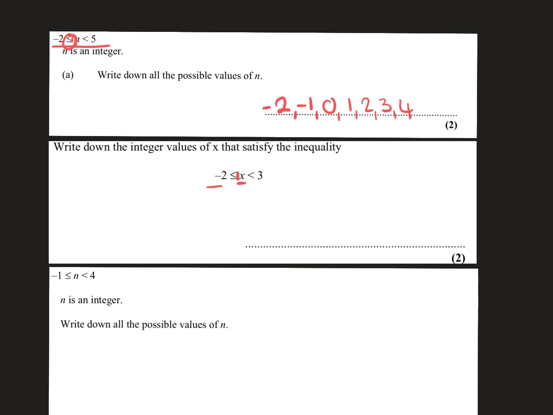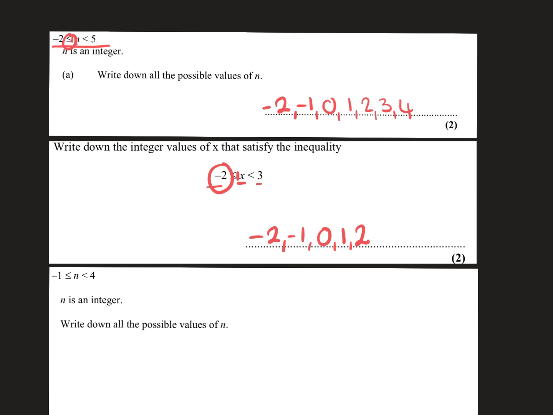So basically what it's telling us here is that x is between -2 and 3. We can include the -2 because this side's underlined. We cannot include the 3 because it is not underlined. The inequality is not underlined. So -2, -1, 0, 1, and 2, and we can't include the 3 because it is less than 3, not less than or equal to 3.